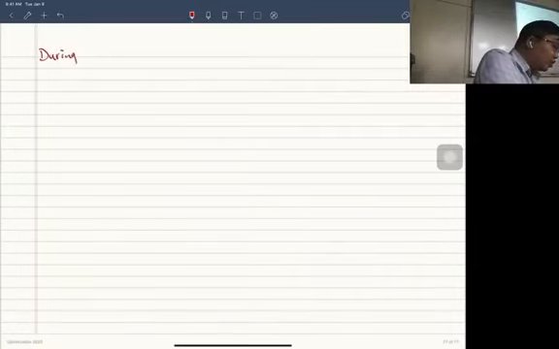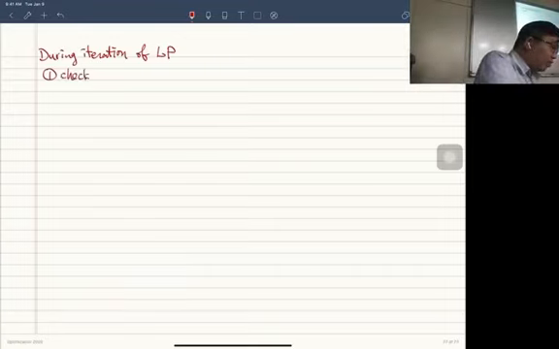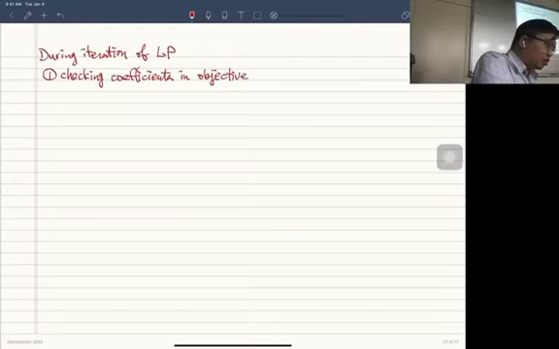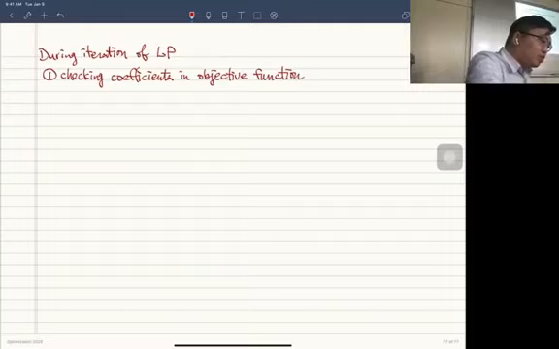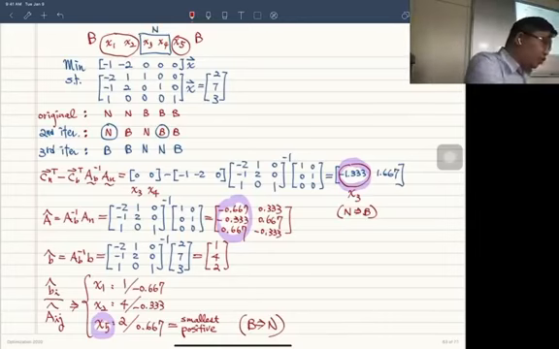During iteration of linear programming, the first step is to check the coefficients in the objective function. Okay, so how do we do that? We basically utilize one equation, which is this one.